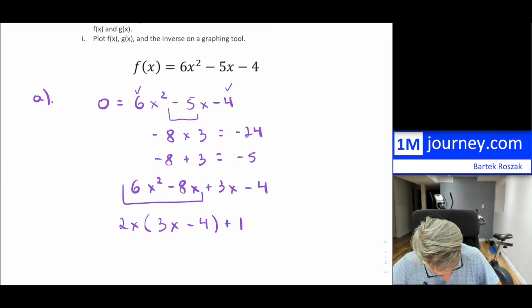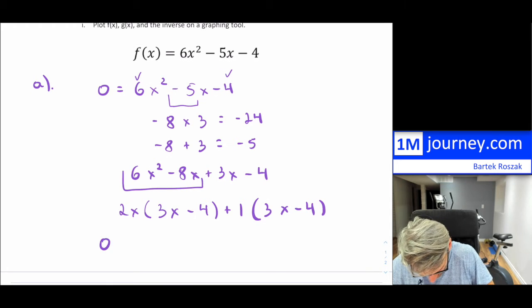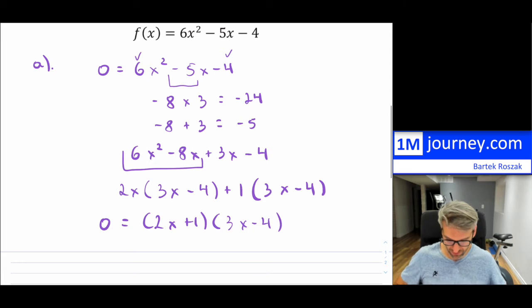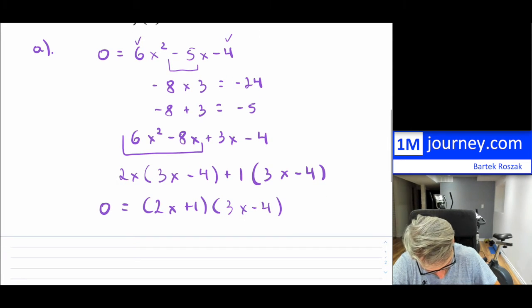I'm not going to factor anything out of the second one, so that's 3x minus 4. And so I have 0 equals 2x plus 1 times 3x minus 4. Now I can get these factors out, and finding the zeros is much simpler.